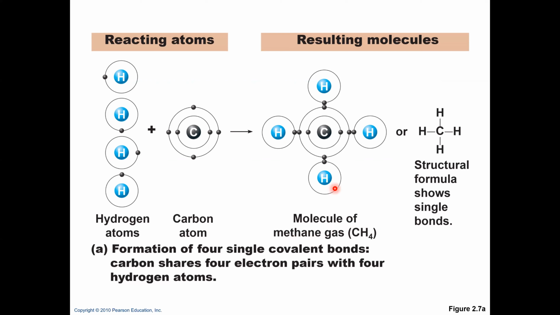So this is methane, CH4, and it's the simplest organic molecule because organic molecules are molecules that have carbon and hydrogen. So this is a molecule of methane gas, and this is a structural formula that shows single bonds between carbon and hydrogen.